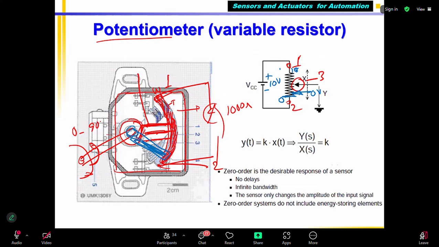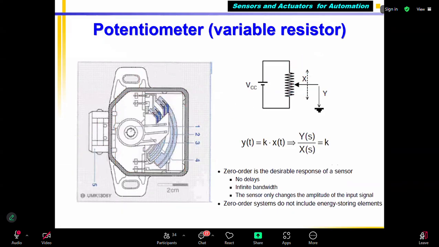Now if I rotate this anti-clockwise, the moving contact moves like this, then like this. When it comes to the other end, at 90 degrees, the moving contact comes here, so it will have 10 volts. The moving contact can be here, or here, or here, depending upon the shaft position.